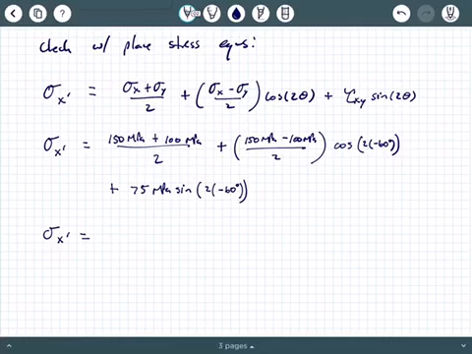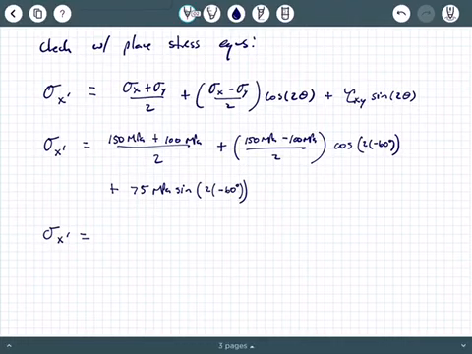And then, of course, we have plus 75 megapascals times sine of 2 times negative 60 degrees. So a lot of room for calculation error. So let's just be careful here. Make sure those negatives get input in properly.